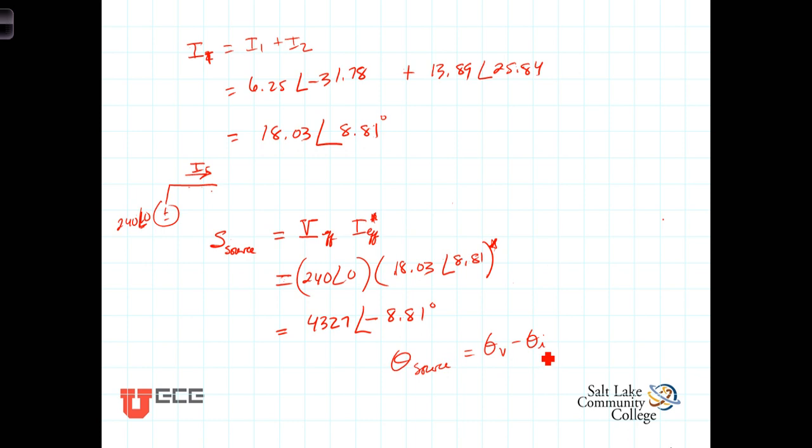So the angle of the current coming from the source is greater than the angle of the voltage of the source. And we knew that up here. That's consistent with what we know. The angle of the voltage at the source was 0. The angle of the current coming from the source was a positive 8.81 degrees, and so it's all self-consistent.